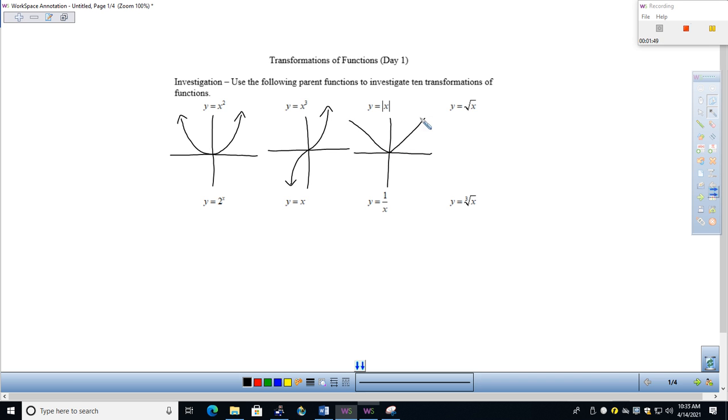I'm going to try to use my discretion and pick the ones that really work well visually, especially as we're initially investigating these transformations. So the square root one actually works very well in a couple different transformations, so I'll be using that. Here's a nice exponential growth model, kind of looking like that.